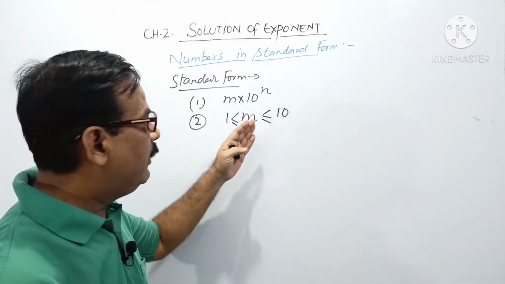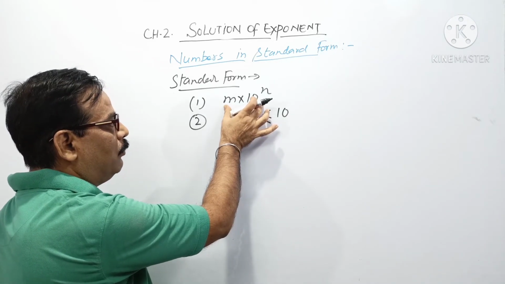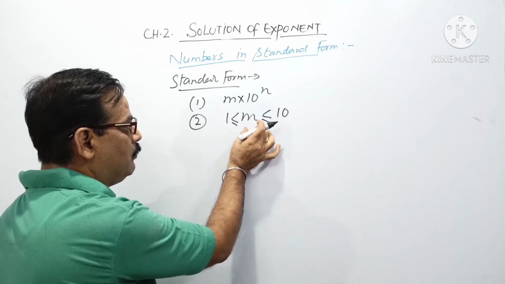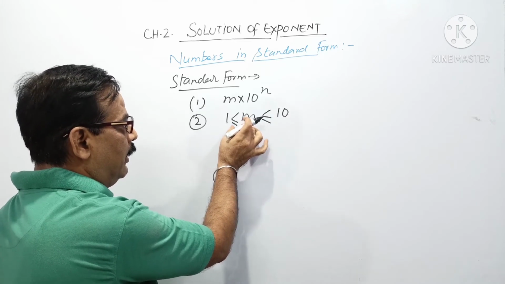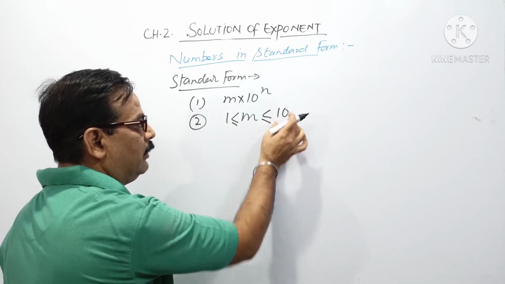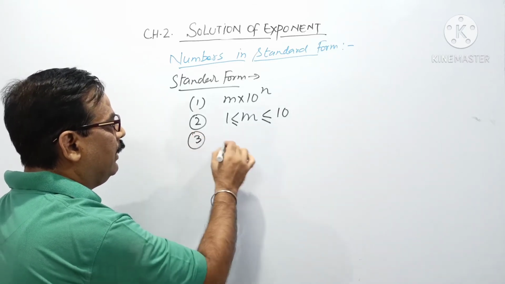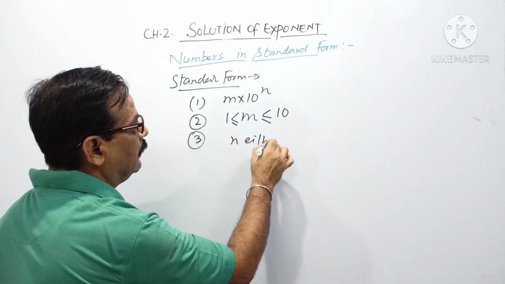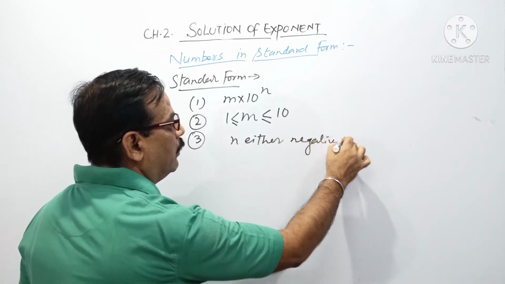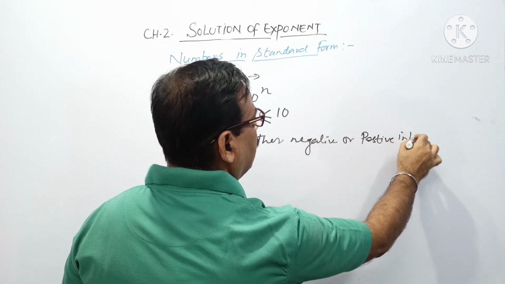This is the second criterion. So the first criterion is that the standard form should be in the form of m into 10 to power n, and the second criterion is that m is greater than or equal to 1 and less than 10. And third, n is either a negative or positive integer.